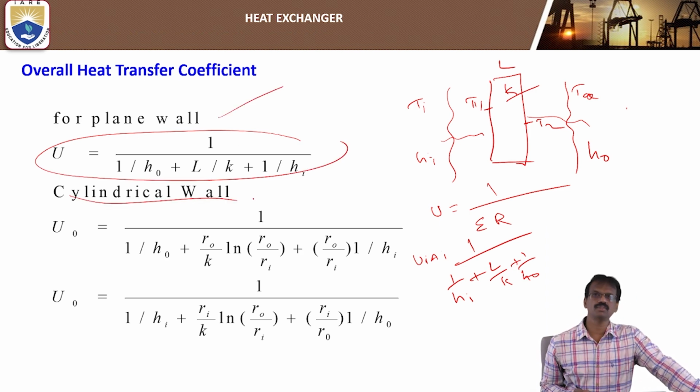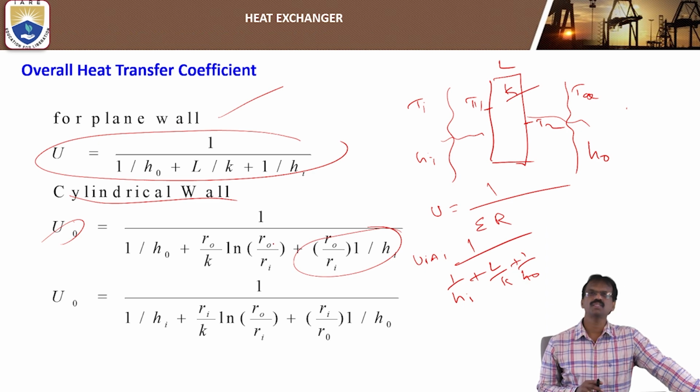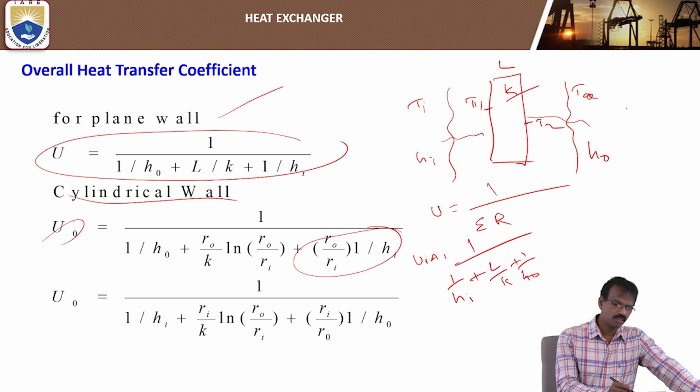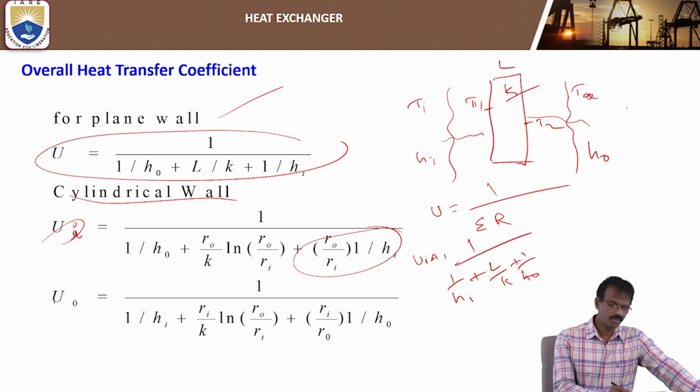For cylinders, the overall heat transfer coefficient Uo is equal to 1 by ho plus Ro by K ln Ro by Ri plus Ro by Ri into 1 by hi. You have to remember these formulas. This is the overall heat transfer coefficient with respect to the inner surface, and this is with respect to the outer surface.